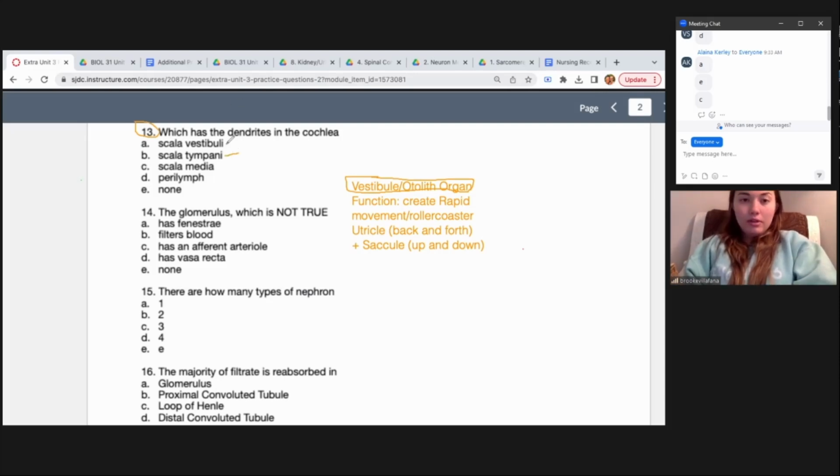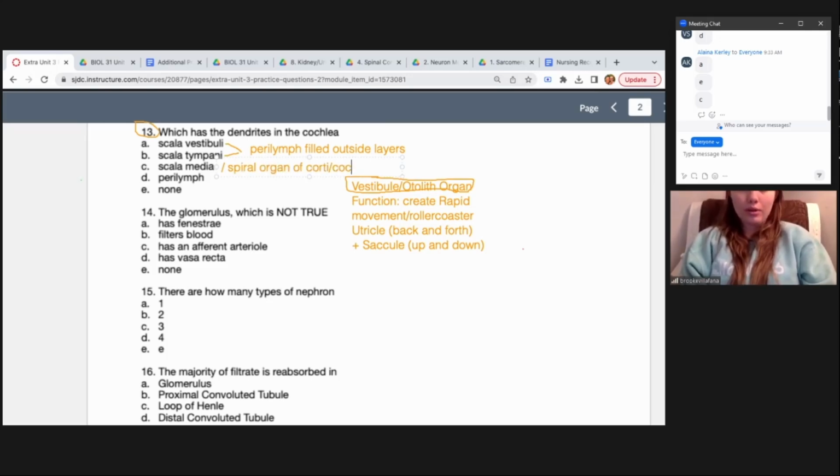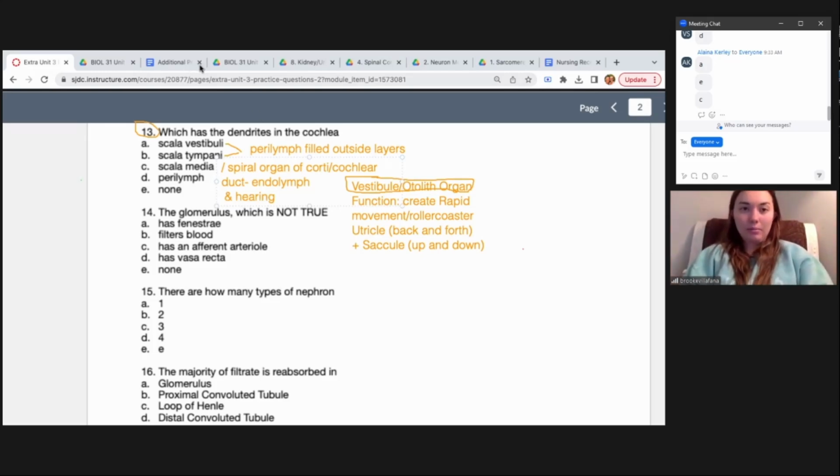So our scala vestibuli and scala tympani, these are both perilymph filled outside layers to the cochlea. And the scala media is also called the spiral organ of Corti or the cochlear duct. And the scala media is where we actually have the endolymph and hearing. So hearing is generated in the scala media.